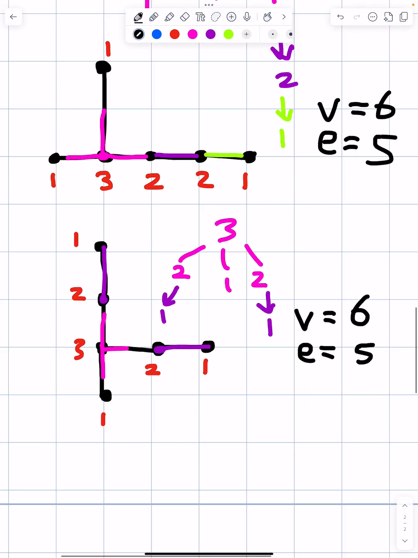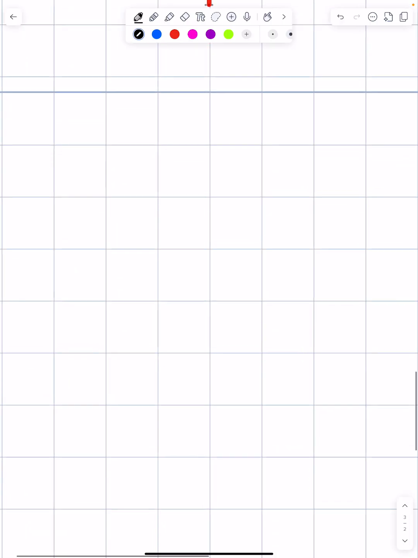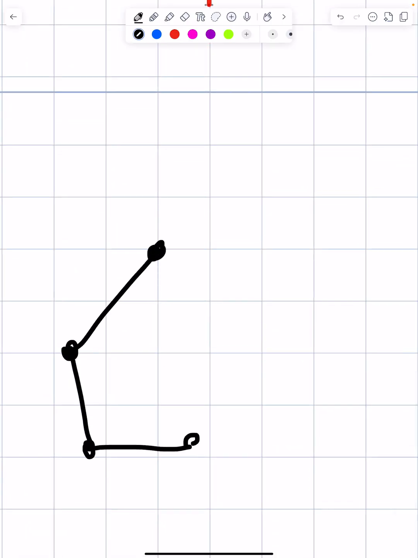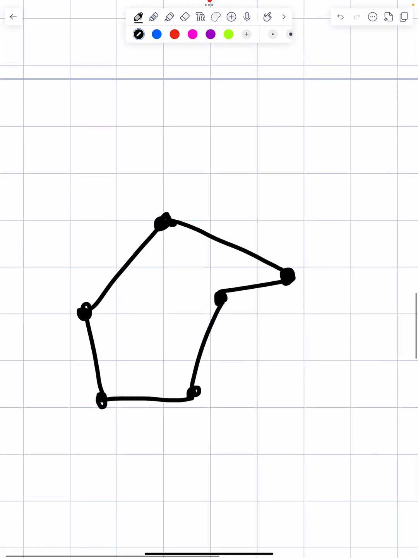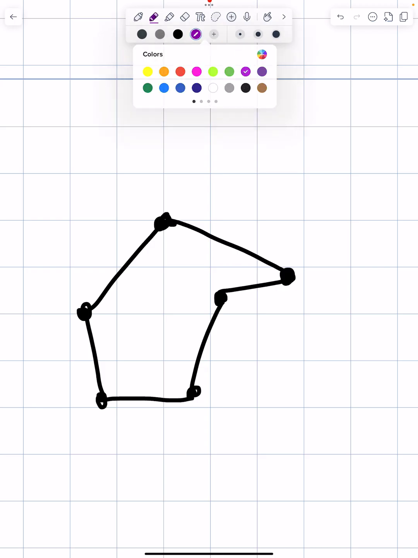What is a face? A face is literally what it sounds like. If I were to draw a graph, this has a face of 2. Why is that? Let's do a different color here.